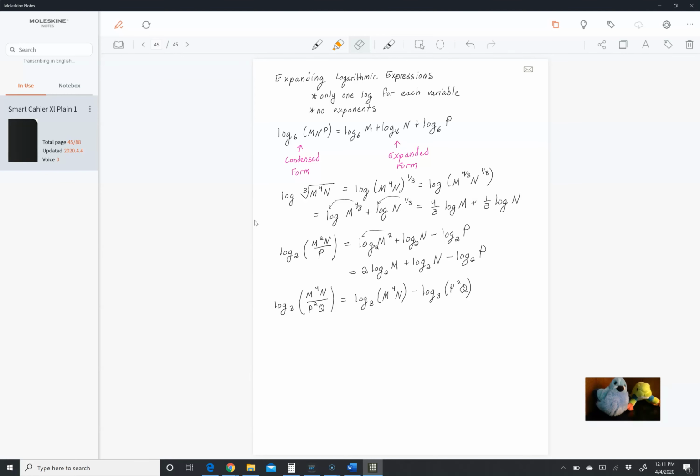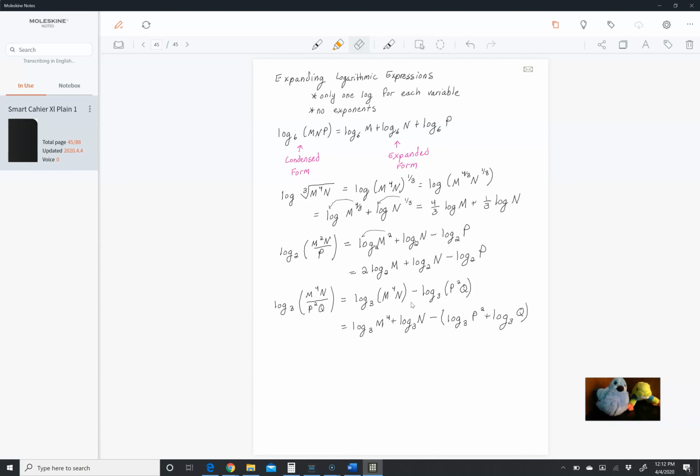Now we can separate each of these. So this is multiplication, so that means that it's going to turn into addition when we separate it. Now we're subtracting this whole thing, so now we need parentheses. And there's multiplication in there, so that also gets split using addition.